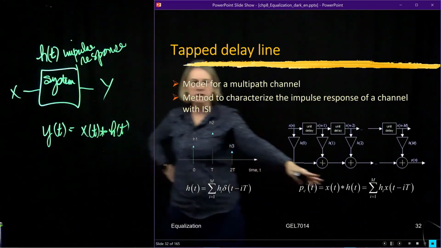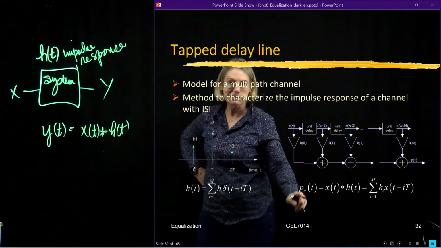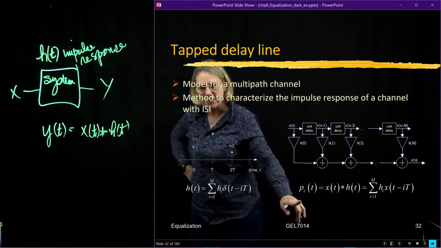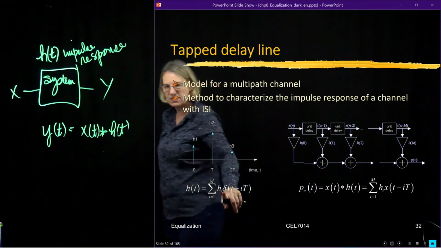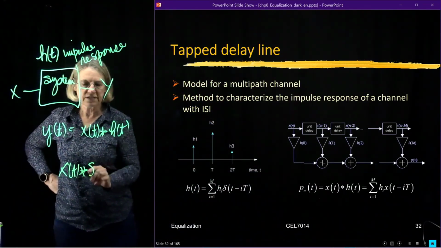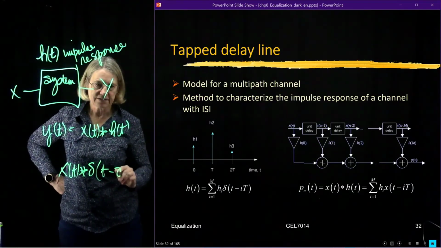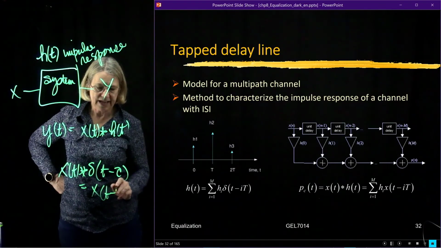So I look over here and say, okay, I want to know what the output is after the channel. I have to take my input convolved with h, but then I ask, what is h? It's this. And of course, x(t) convolved with delta(t - tau) is just x(t - tau).